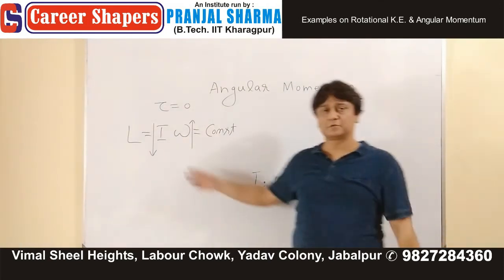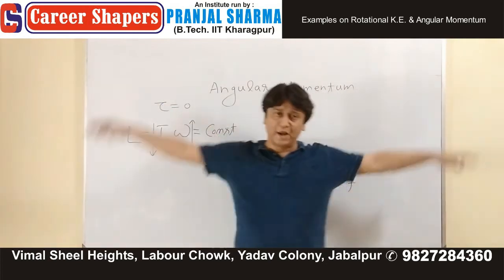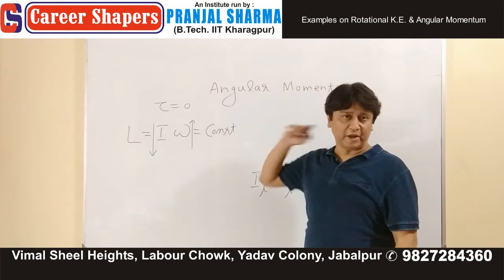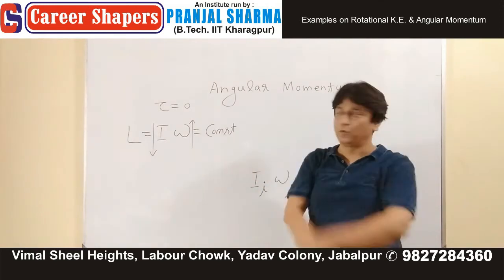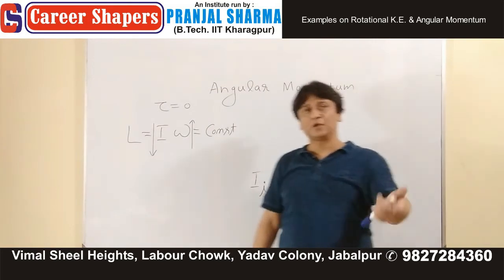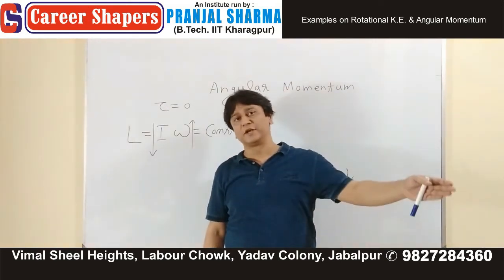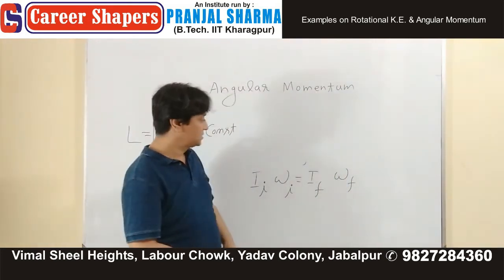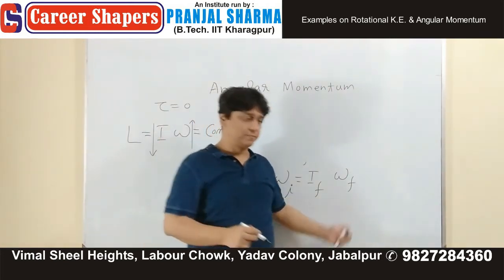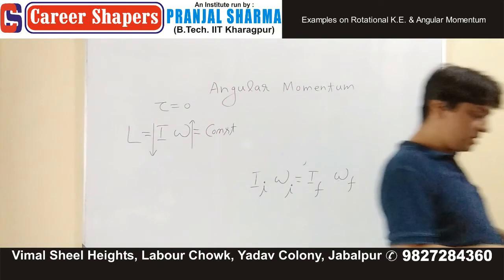So this folding arm thing is going to increase omega, and that's the reason when a ballet dancer folds her arms, her angular velocity increases. So if they ask you on what phenomenon this is based on, you will say that this is based on conservation of angular momentum. Write down this other statement.